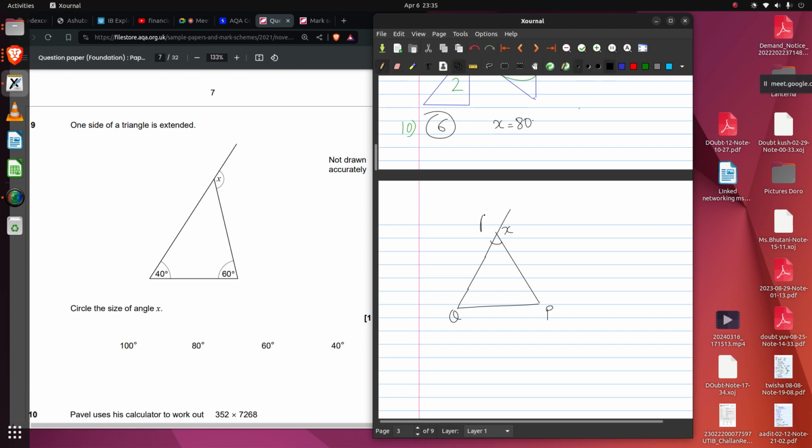Which means you have to know this inside angle, no? To know this inside angle, what should I do? Like, it's isosceles. No, it's not isosceles. How do you know? Sorry, it's not isosceles.